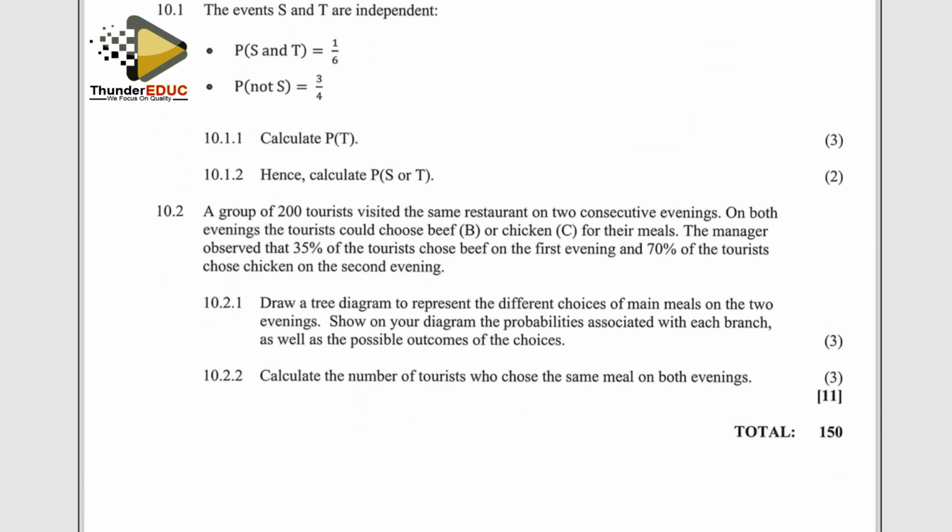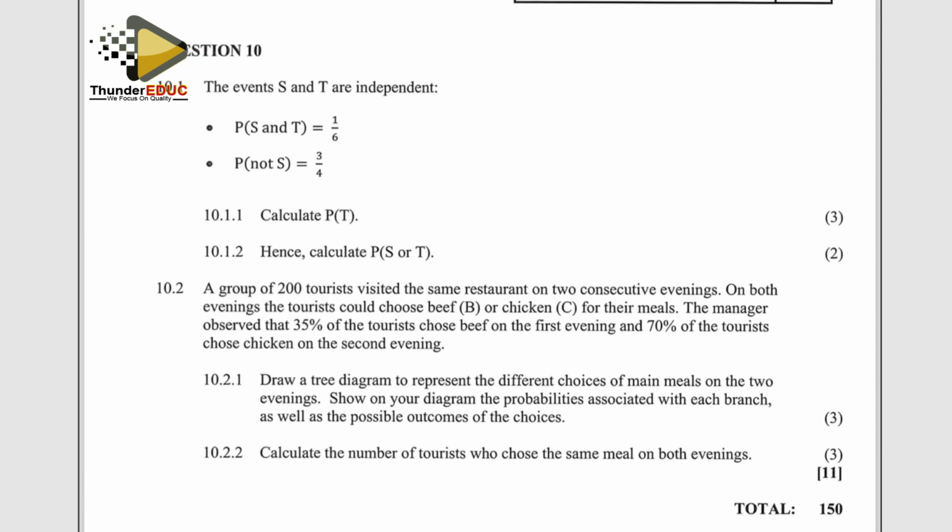Number 10, the last question, with probability, is telling us that events S and T are independent. So we know that with independent events, the product of the events must give us the intersection. They want us to get T. So we know that P of S and T must be the same as P of S multiplied by P of T. For us to get P of T, do we know P of S? We don't know.